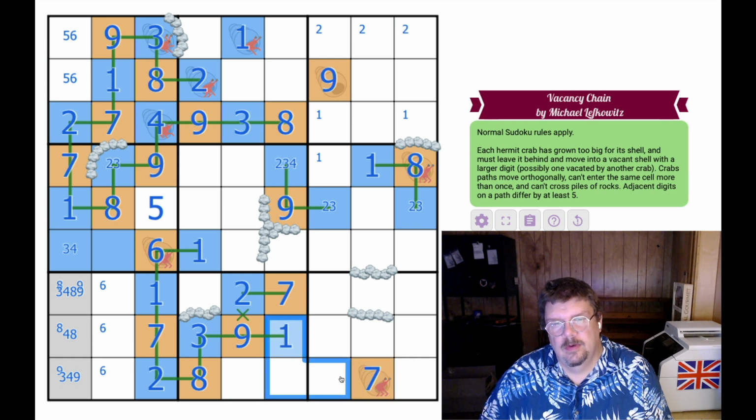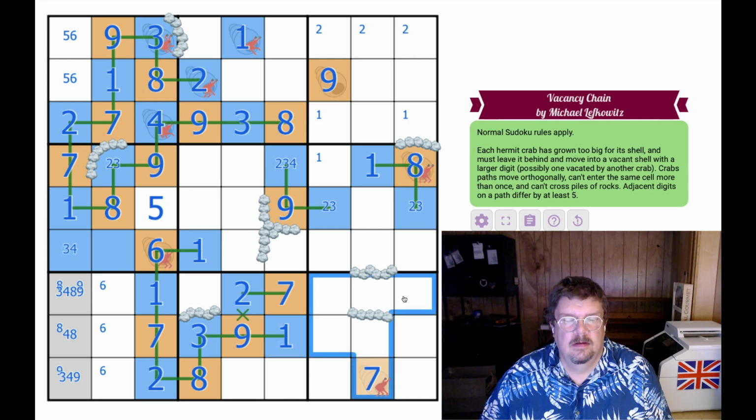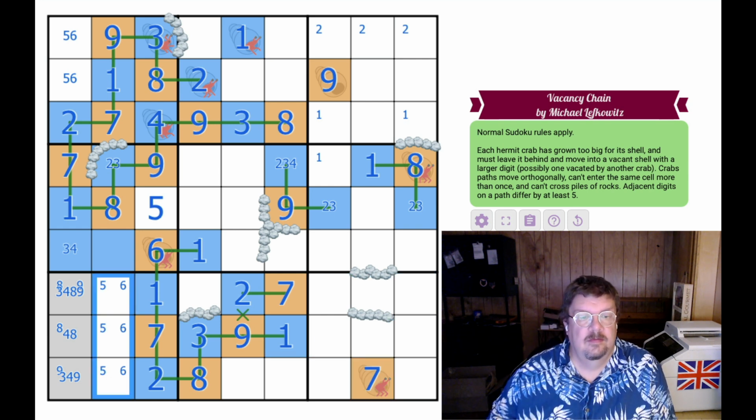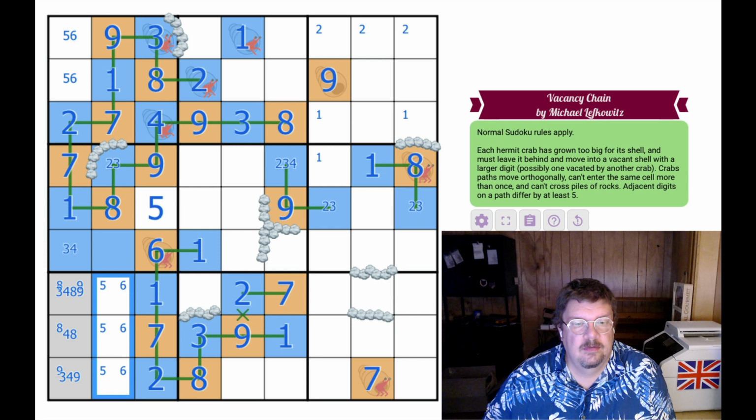If I come down this way, then the 7 can still go up this way. Can't it? Maybe. We know that there's 5 down here. Let's do some more Sudoku, see if that will help us any.